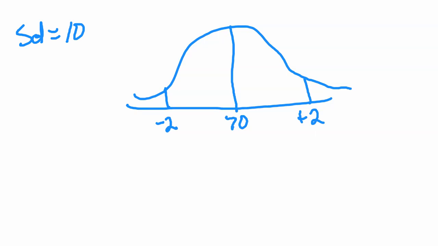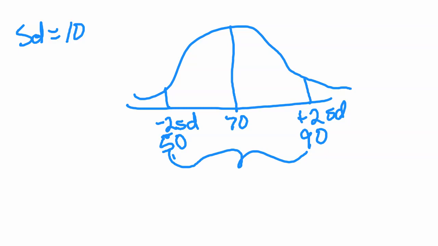So you're going to move over 20 to the left and 20 to the right. So this would be 90 because it's 2 standard deviations, which makes it 20. So between the scores 50 and 90 should be 95% of your scores, approximately.